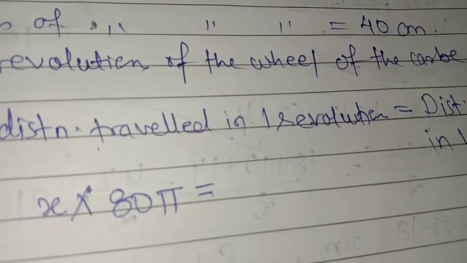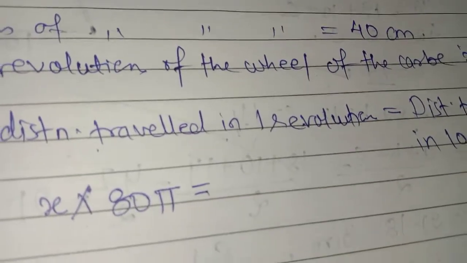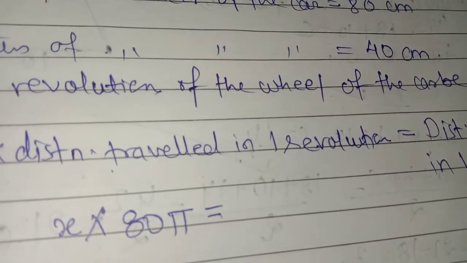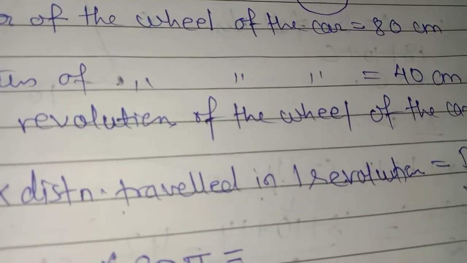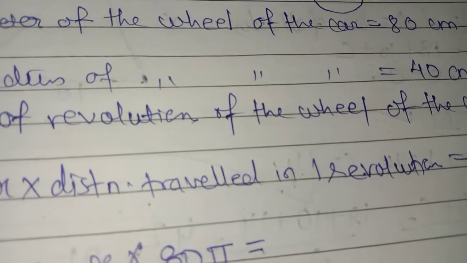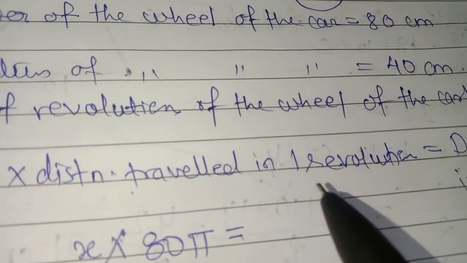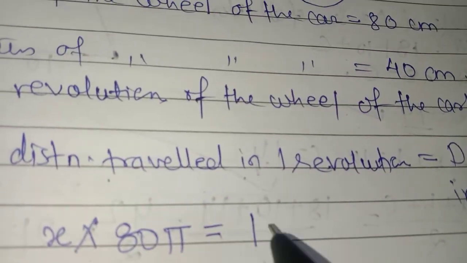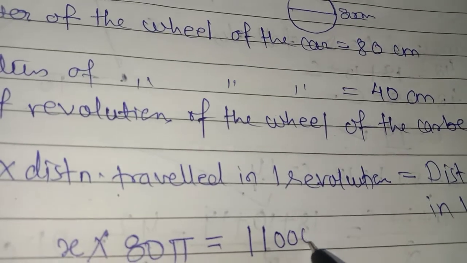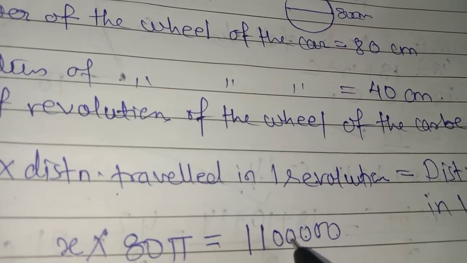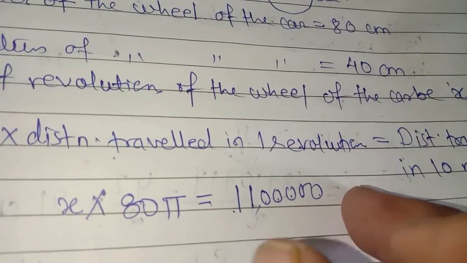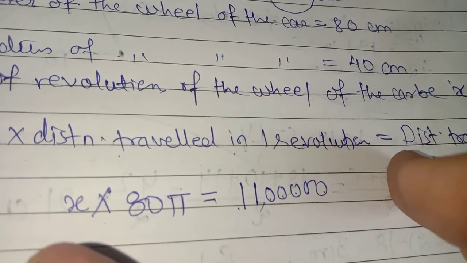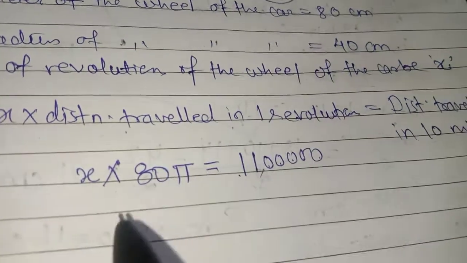the distance given for 10 minutes at 66 km per hour, so it will be 11 1 2 3 4 5, that is 11 lakhs per revolution. Clear? So now you have to find x.